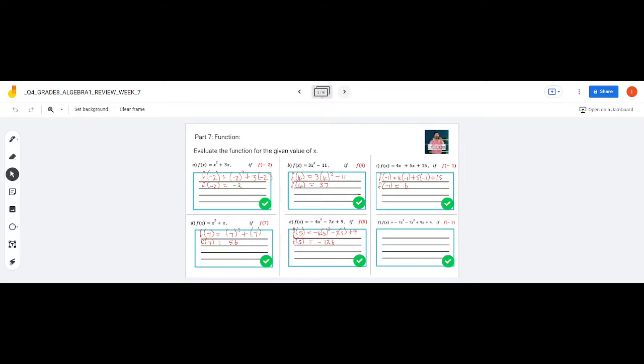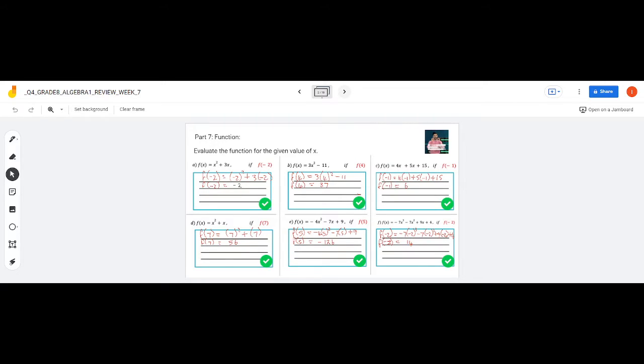And you do the same for F. So all I'm doing is putting a -2 wherever there's an x, and that answer is 14.